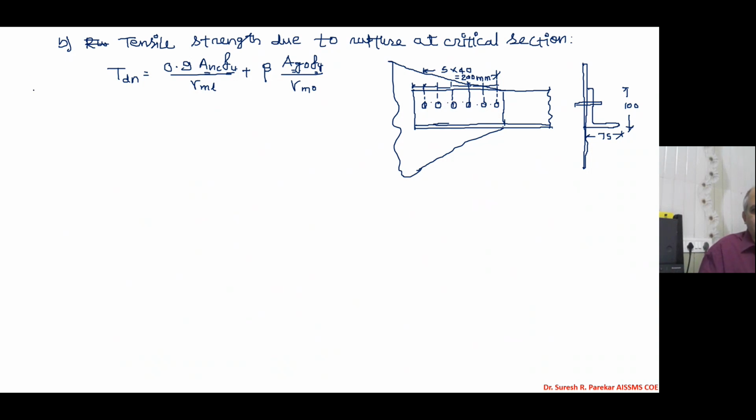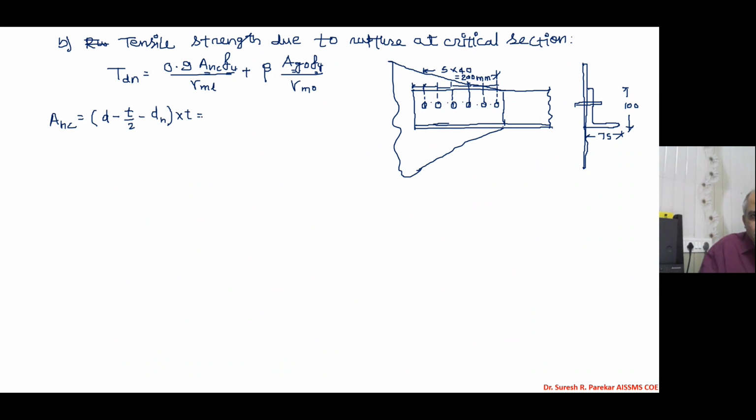So now A and C, we have area of connected leg. Now we know that I can write it as depth d minus t by 2, minus diameter of hole multiplied by thickness.